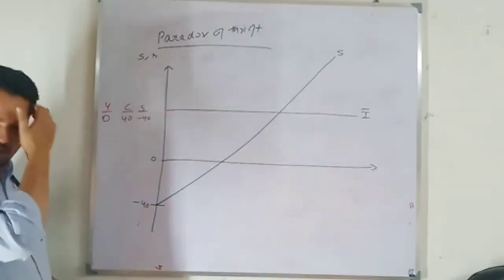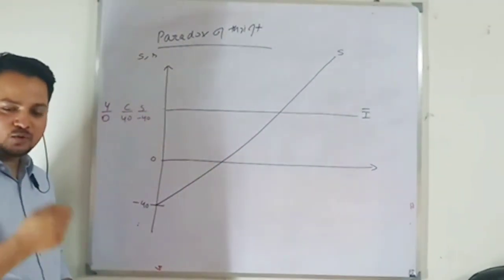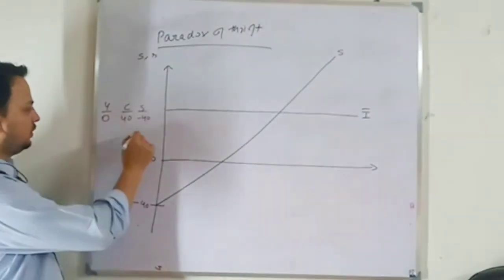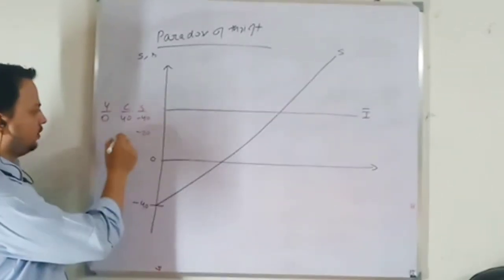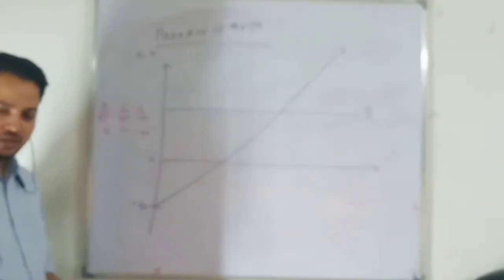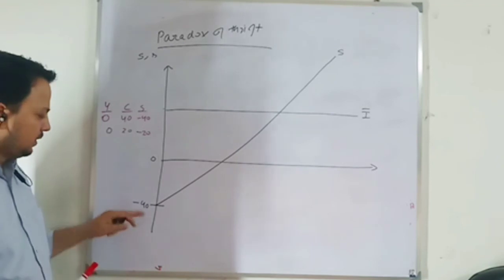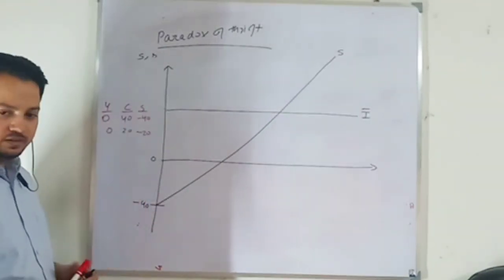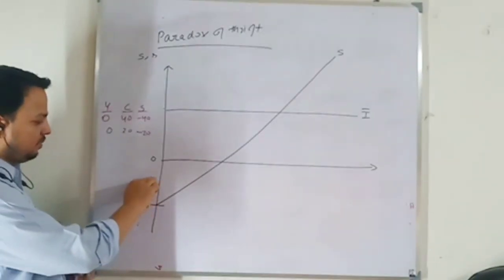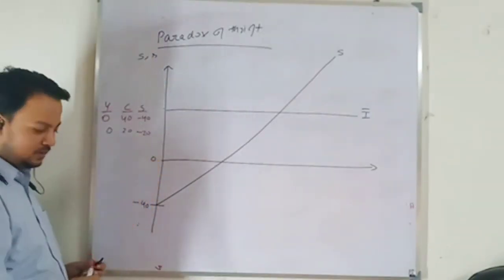Now everyone in the economy starts to save more. When they start to save more, the intercept will go from minus 40 to minus 20. Minus 40, minus 30, minus 20, minus 10, then 0, right?